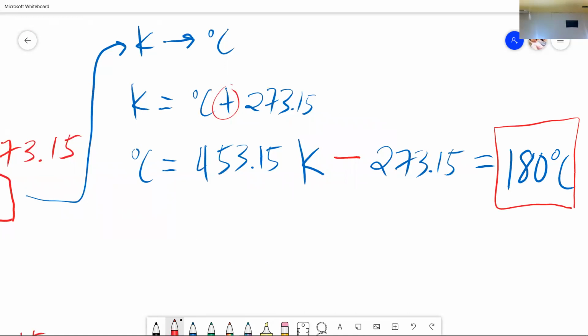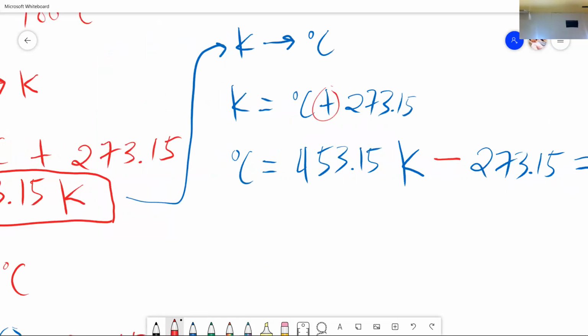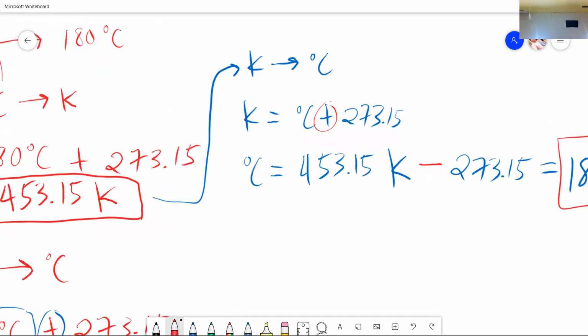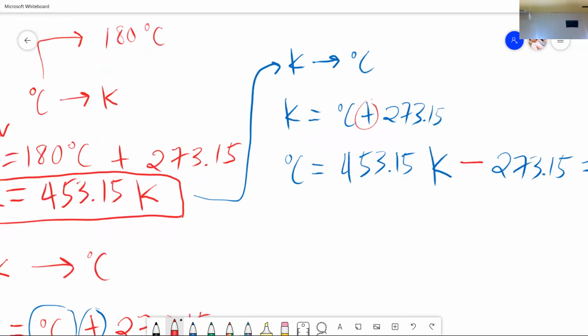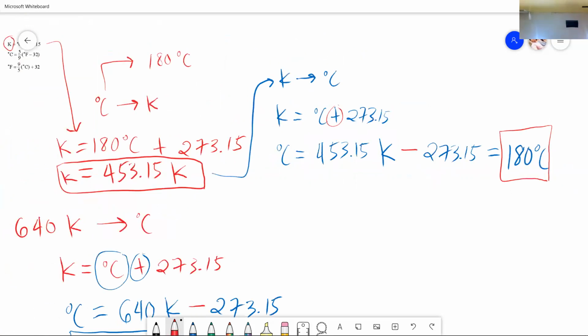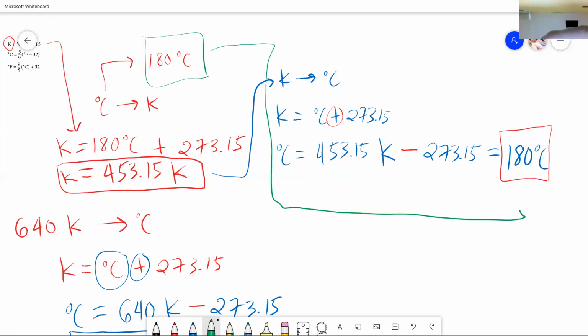So let's have the highlight. We have the same answer from degrees Celsius to Kelvin.